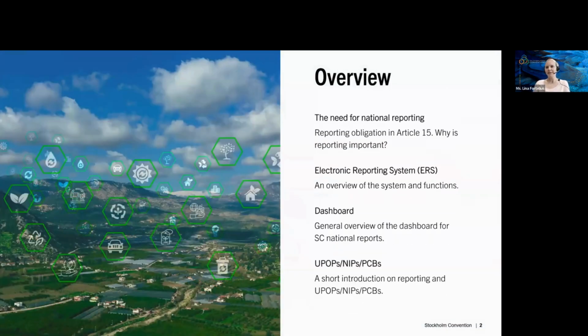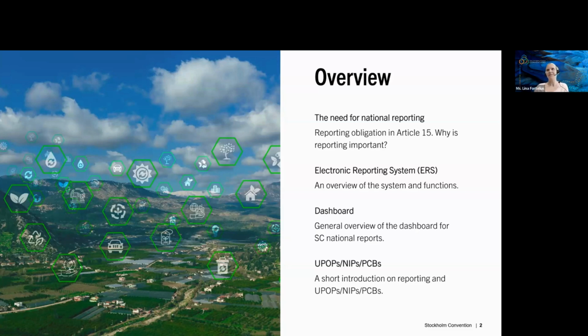So we will first have a look at the basis of reporting and why parties' reports are important for the function of the convention. We will then move to study the online electronic reporting system that parties use to submit their information, what it looks like, and what functionalities it has.